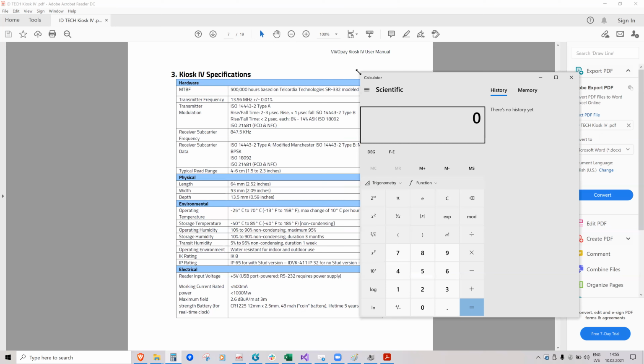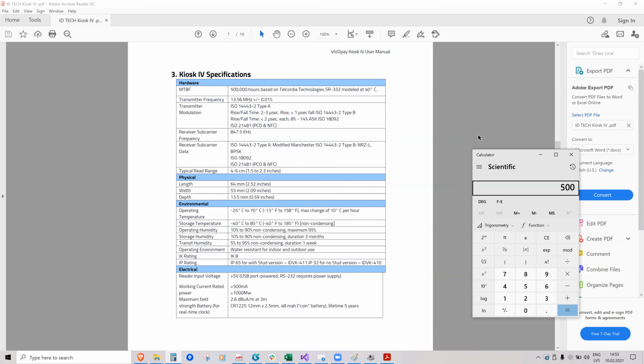Let's check out how much it is. Actually, it would be interesting for me to just check out: 500,000 hours divided by 24 hours per day divided by 365 days per year. So they say that this device will work for 57 years. Okay. How is it possible?